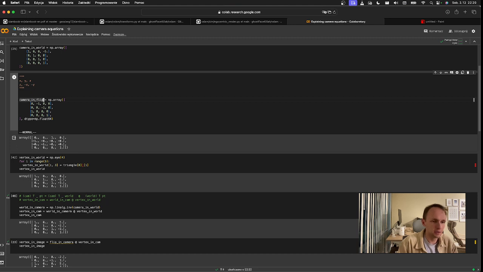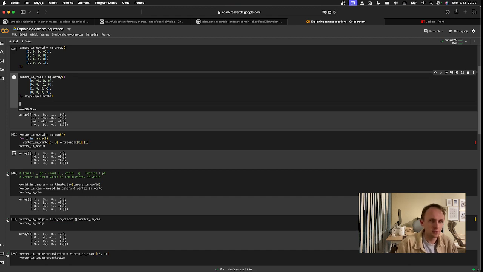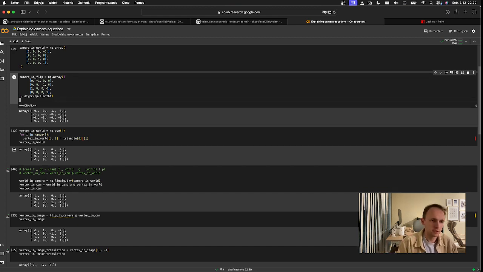So we just directly define camera and flip. All it does is flip the coordinates, right? And we're going to be able to validate this by looking at the numbers, and this is a nice way to debug this really.